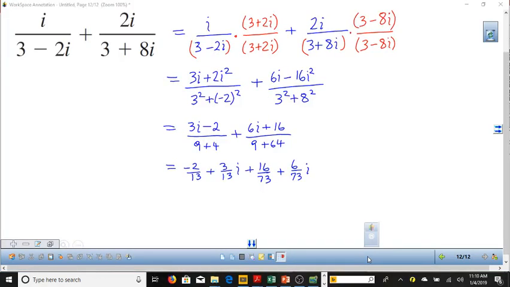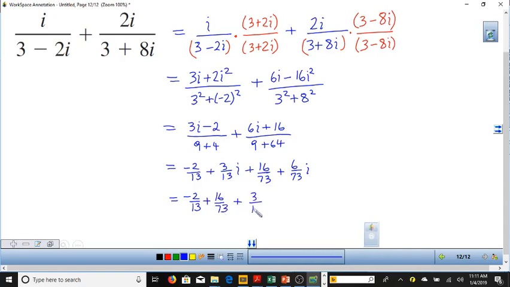Now, using fractions to combine the like terms, remember that we need the common denominator. So we're going to put negative 2 over 13 plus 16 over 73, and we'll put 3 over 13i plus 6 over 73i. You can just use your calculator to work that out.